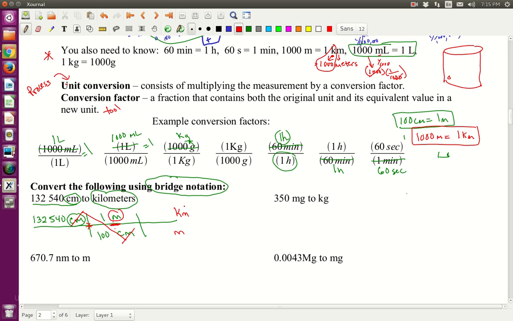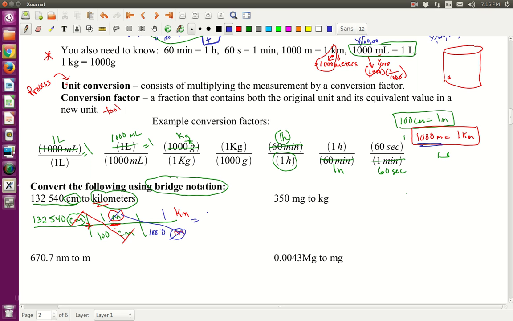Well, I need kilometer to be the final unit. So kilometer goes on top, meter goes on bottom. So now I'm going to cancel out the meter on the numerator and the meter in the denominator. And it's 1,000 down here. Sorry, that's right. 1,000 meters is 1 kilometer. See that? 1,000 meters is 1 kilometer.